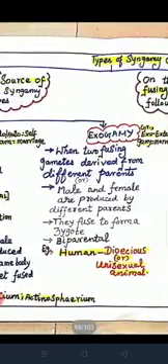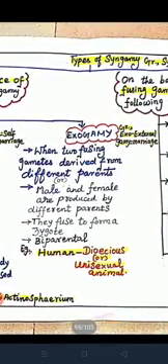Right? Next, exogamy. The word exo means external. Gamy means marriage. When 2 fusing gametes are derived from different parents. Simply we can say male and female gametes are produced by different parents. They fuse to form a zygote, biparental. Very good example, human being.